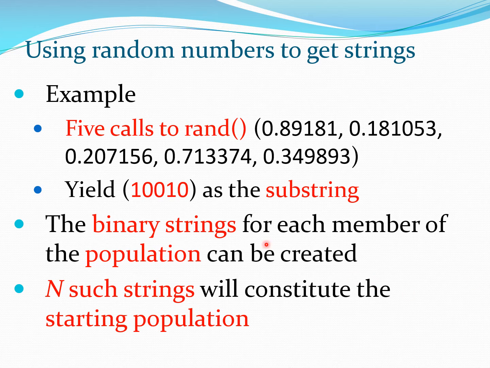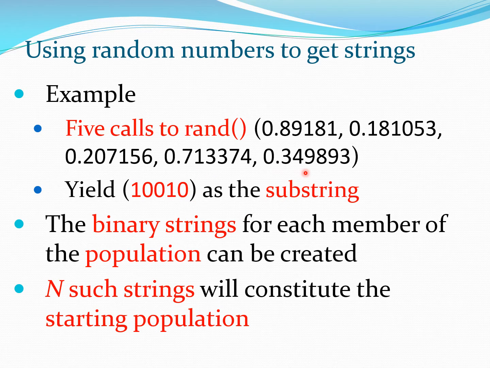For example, let me call rand 5 times, where I'm using this function to get random numbers between 0 and 1. And I have 5 realizations of the random number here. Now if we subject this first one to the test we discussed in the previous slide, this is greater than 0.5, so it becomes 1. 0.18, this is less than 0.5, so it becomes 0. 0.20, less than 0.5, 0. 0.71, greater than 0.5, 1.